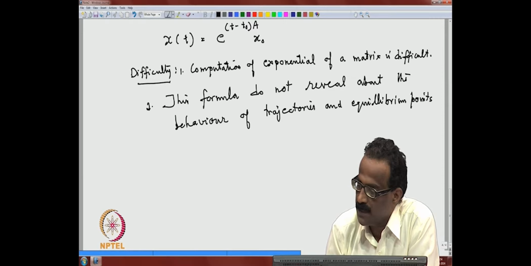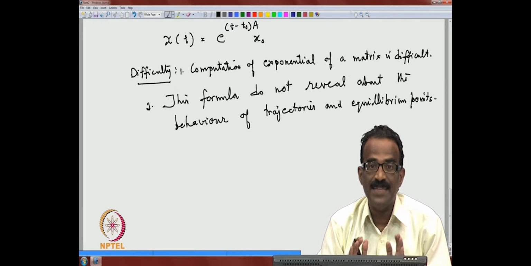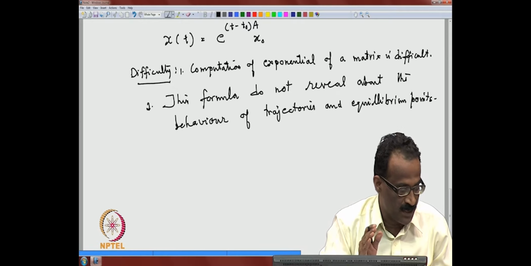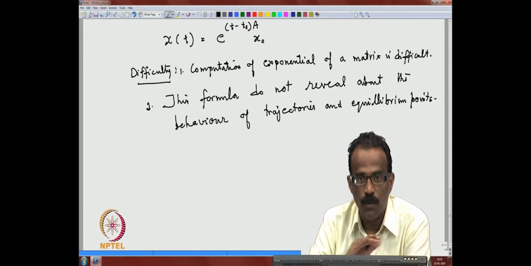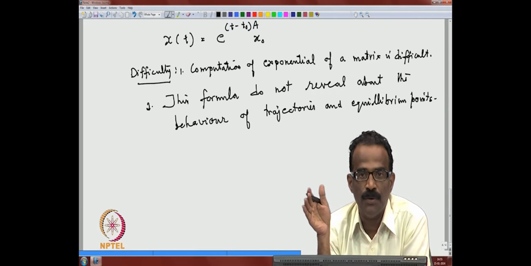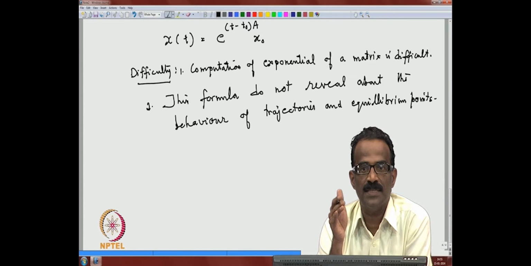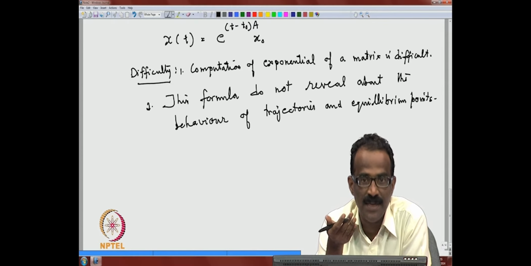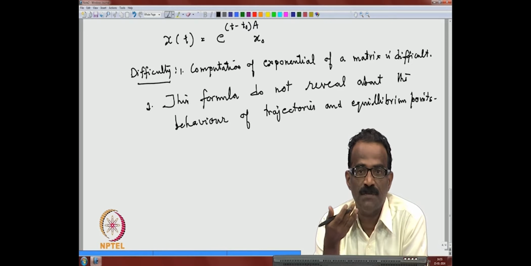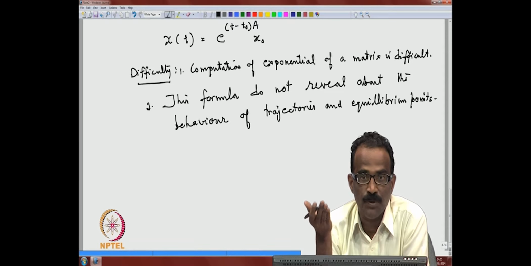You see, that is the whole thing. So, one is the computation of this thing, and the second one is the trajectory behavior, and the whole module on this and the nonlinear theory is to understand this trajectory, how it behaves, what the equilibrium points are, and whether you have stability near an equilibrium. These are the questions from the physics and engineering point of view.